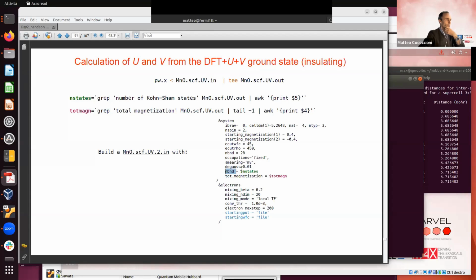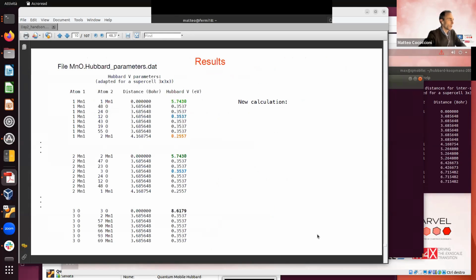So NBND should be given, equal to the number of states, and total magnetization should be fixed at the same value as the first SCF calculation. So you're sure that the second fixed occupation calculation reproduces the same ground state as the first one. So you also start from a potential and wave function. And then you run this and also HP on top of it. And hopefully it gets through without any problem.